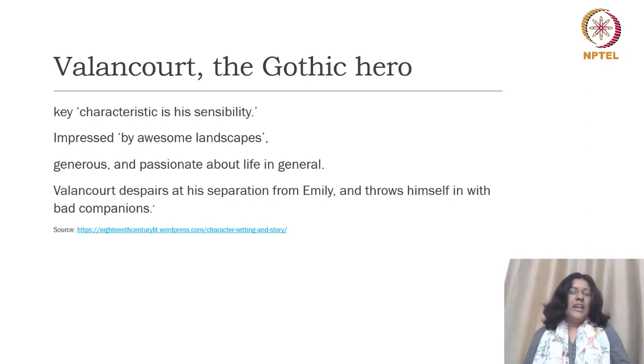He's generous, as a hero should be, and he is also very passionate about life in general. When the aunt breaks up the engagement with Emily, he is quite depressed at his separation from his beloved, and he throws himself into bad company.